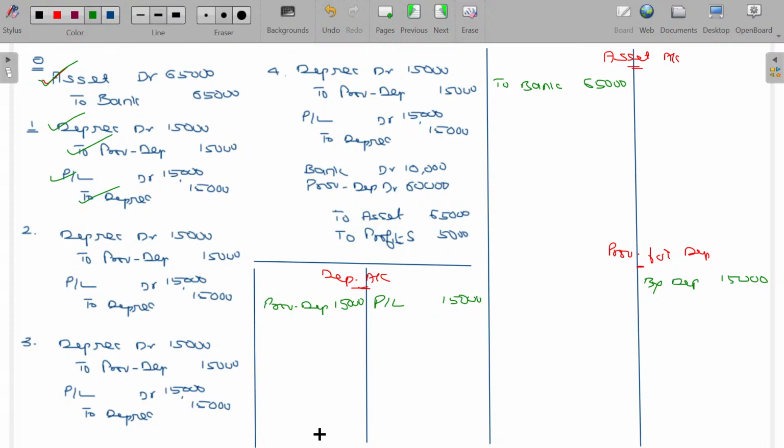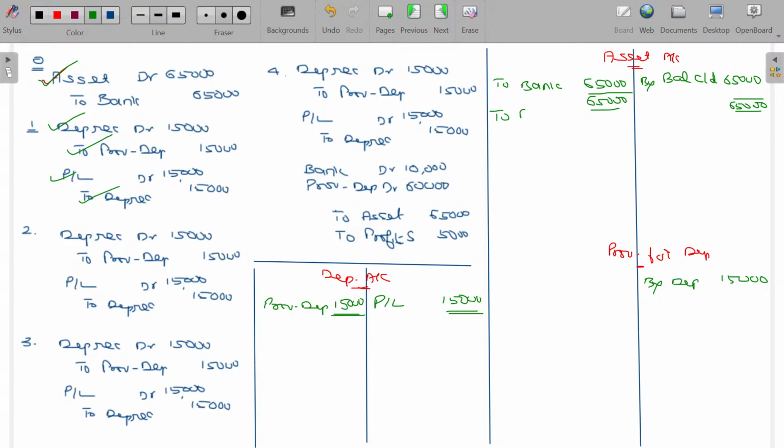After passing these things, what happens? You just close the books of account. 15, 15, it gets closed. In asset account, if I tally this, I will get the balance. By balance carried on. That balance remains unaffected as opening in the next period.